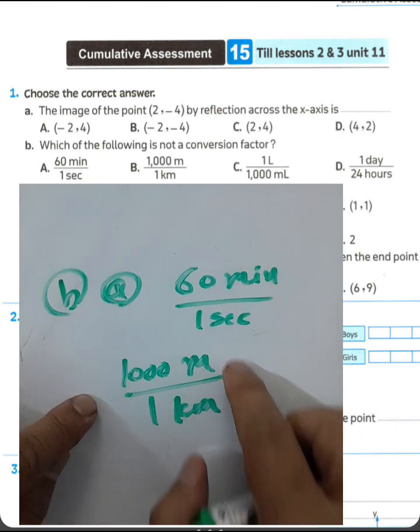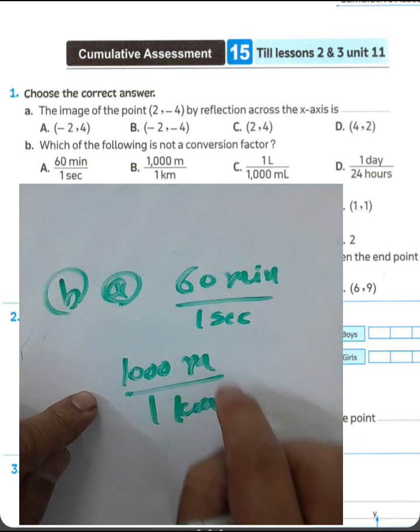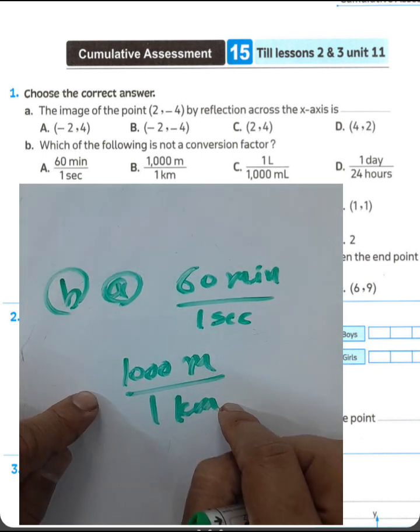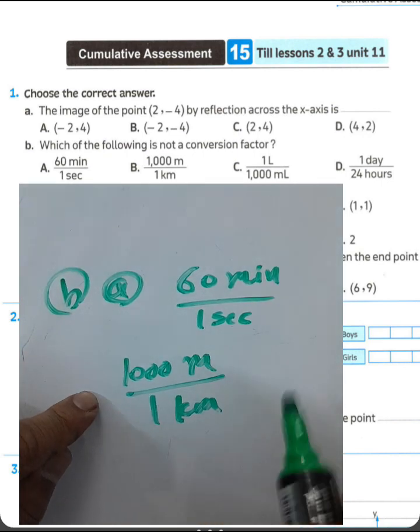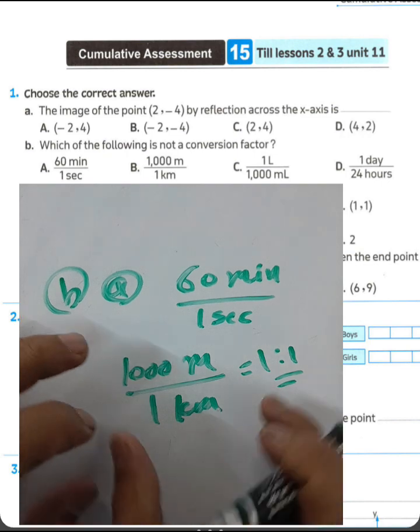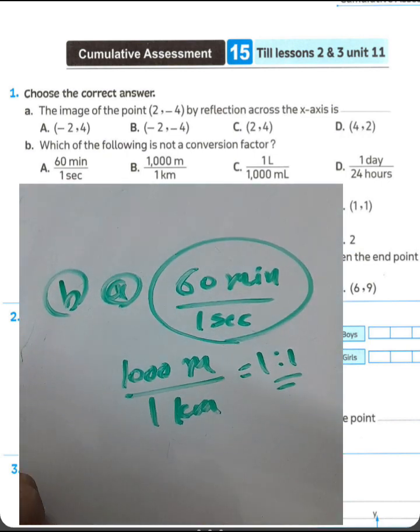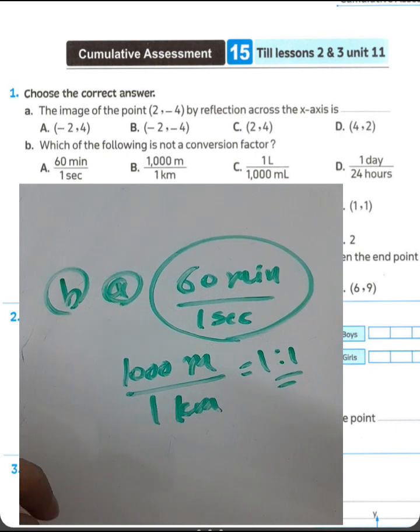We have the ratio between two different units, but equality in the result, so the ratio between them is 1 to 1. We call it a conversion factor. Choose letter A because letter A is not a conversion factor: the numerator and denominator are not equal.